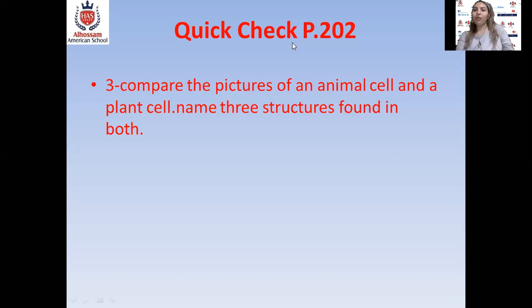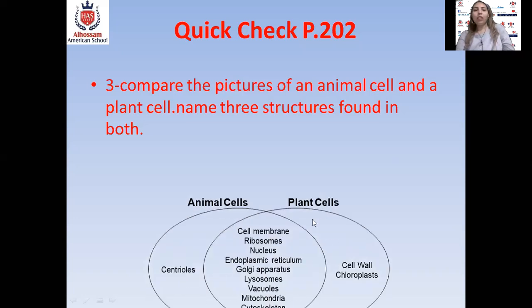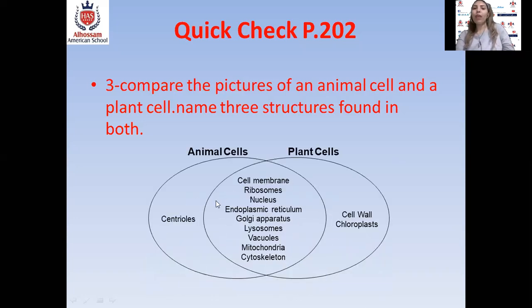So let's see together here. If you want to make a Venn diagram to see the difference and the common organelles between animal cell and plant cell, the common organelles are cell membrane, ribosomes, nucleus, endoplasmic reticulum, Golgi apparatus, lysosomes, vacuole, mitochondria, and cytoskeleton.